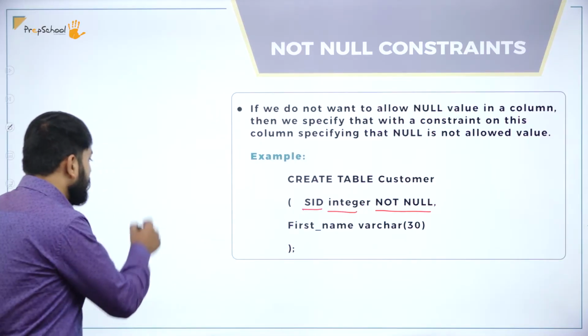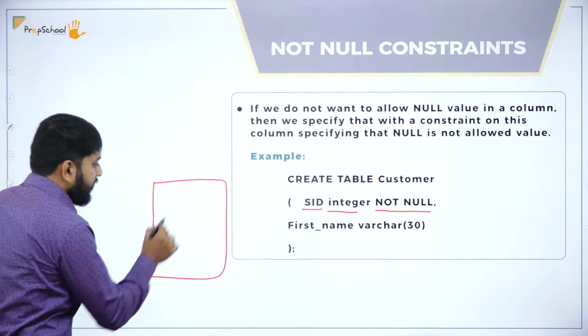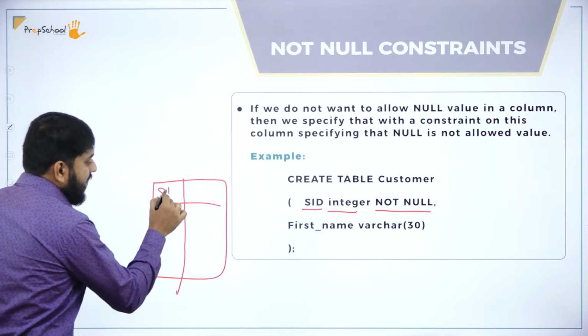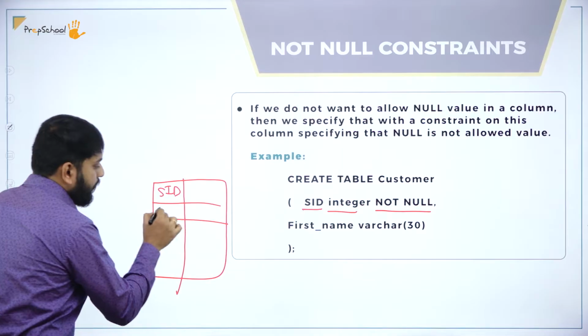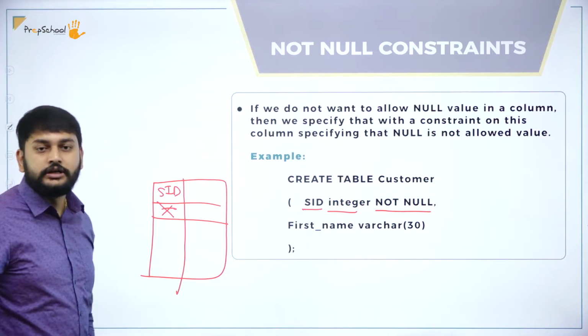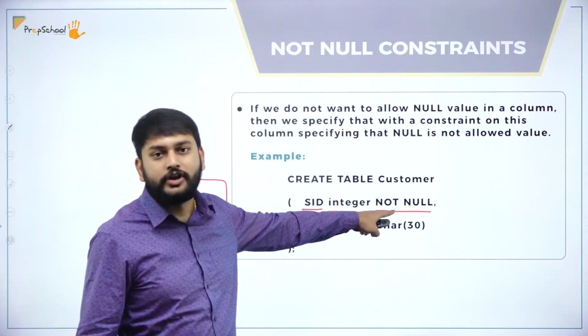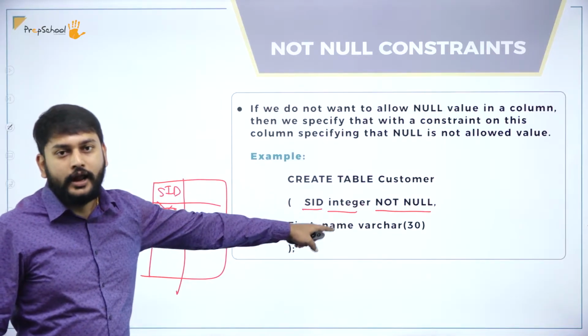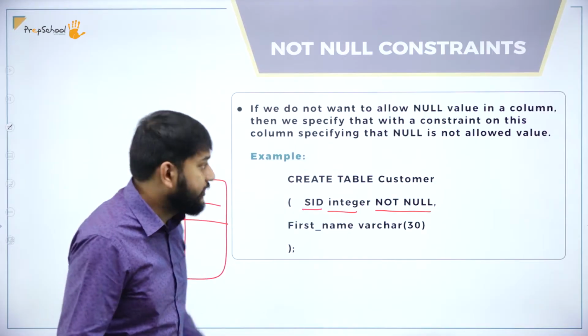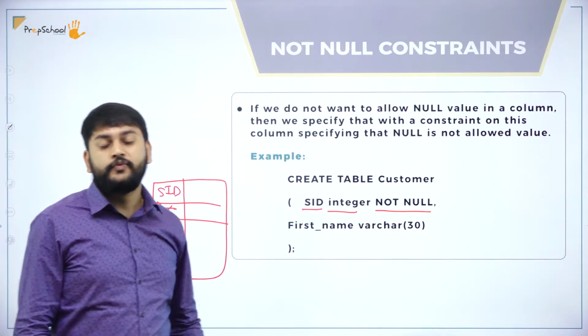You cannot skip this. It cannot be empty. You have to enter the value. That is the condition we have given, not null. That is one of the constraints that we have.